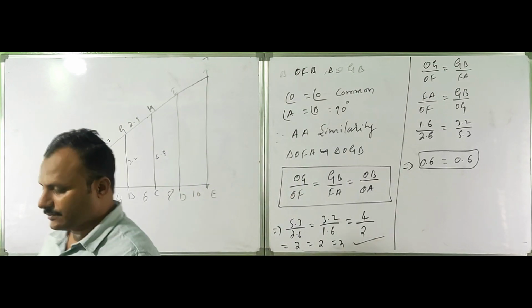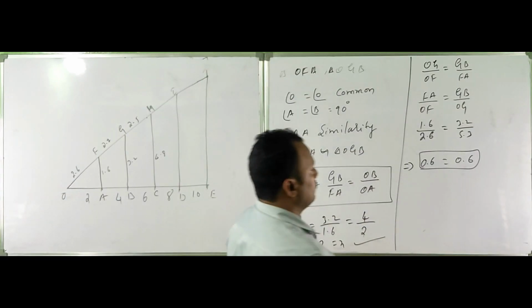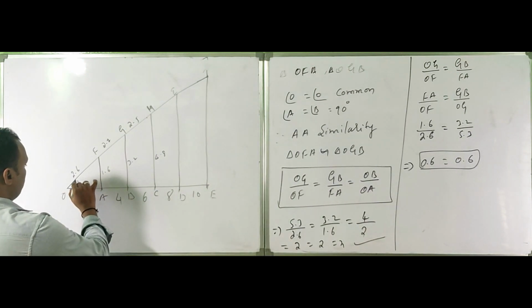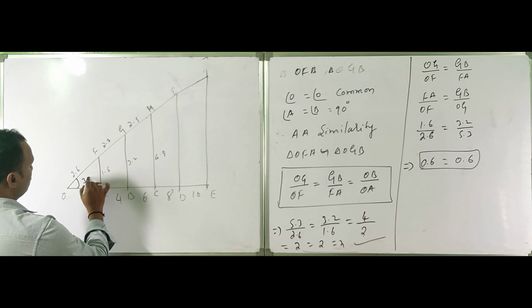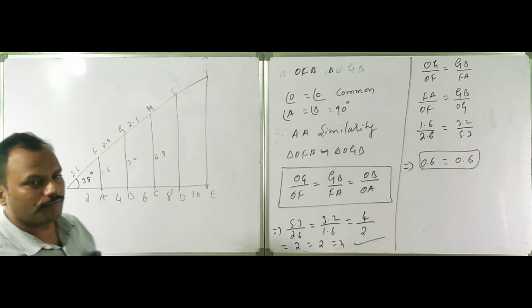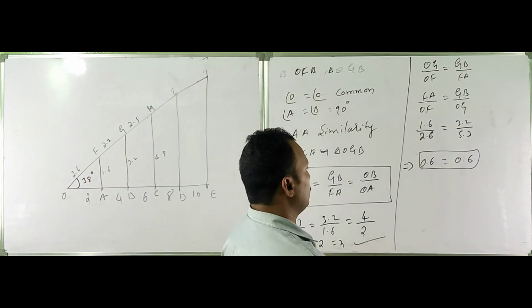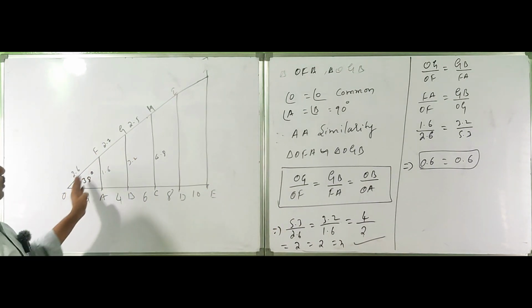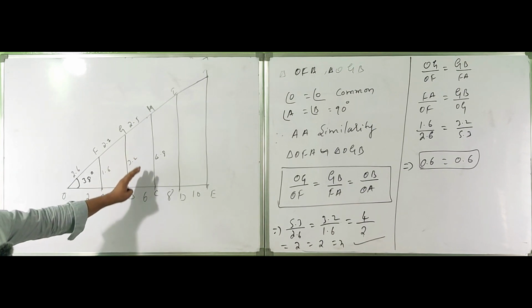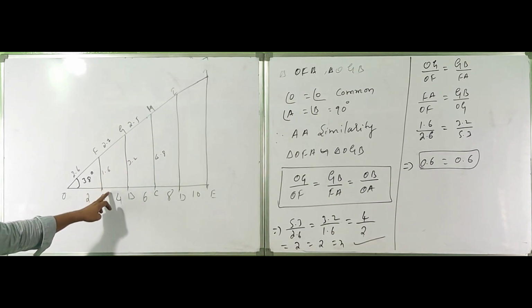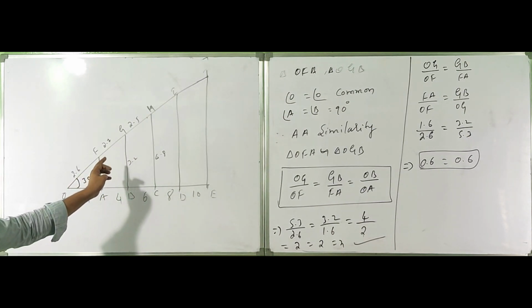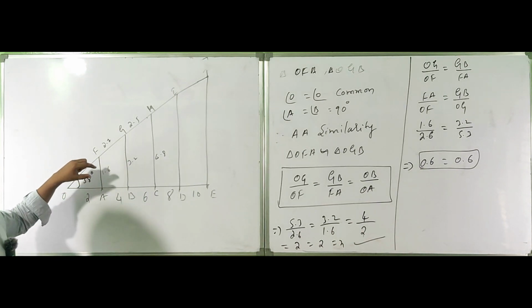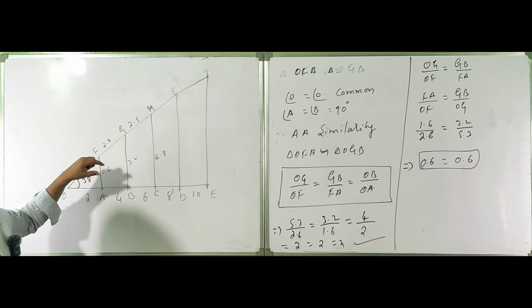This ratio exactly makes a 38 degree angle here. If you divide GB by OZ or FA by OF, you will get exactly the 38 degree.